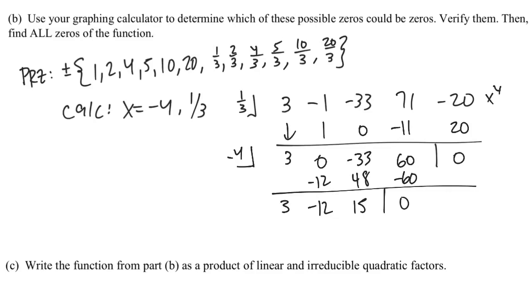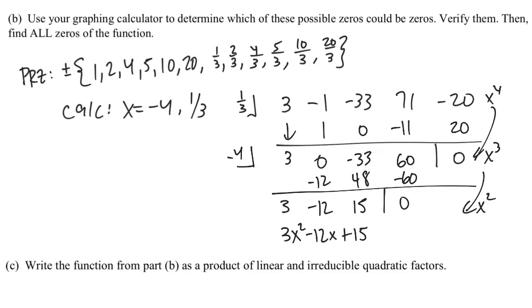So, as always, when I start with x to the 4th and divide once, I get x cubed. When I divide again, I get x squared. And so this is going to represent the polynomial, the quadratic 3x squared minus 12x plus 15.